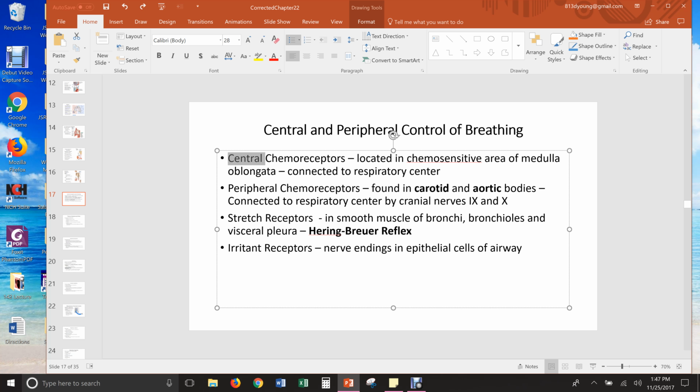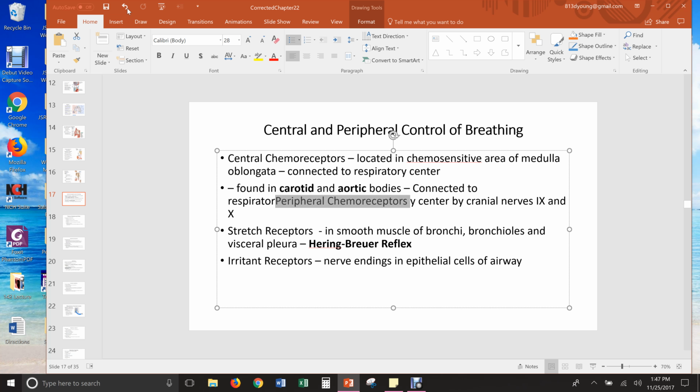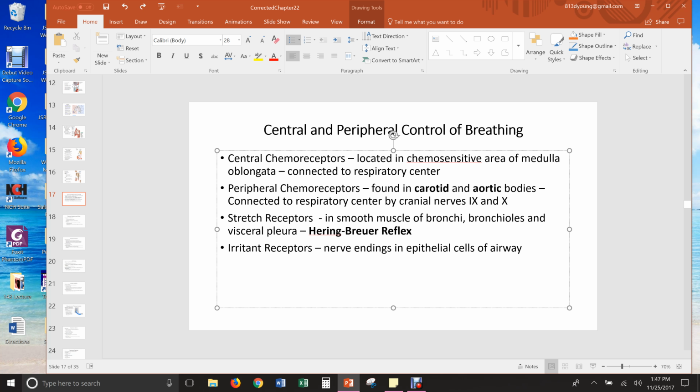We're going to see that we have central chemoreceptors, which are in the medulla oblongata. The peripheral are found in the carotid and aortic areas of the body, meaning the branching that comes right off of the heart. They're connected to the respiratory center, and they are going to help to send information so that we can breathe. For example, if the pH in our blood drops, we start to breathe more so that we can get rid of CO2.